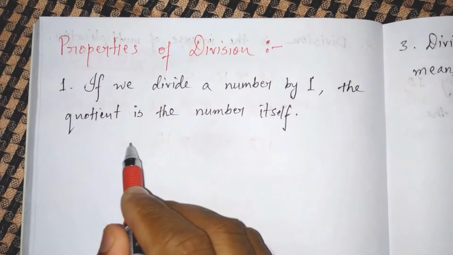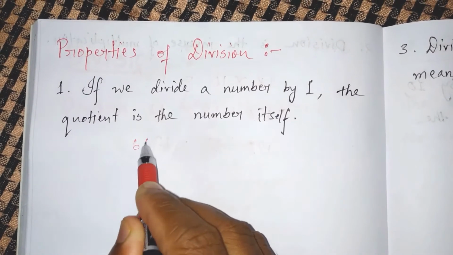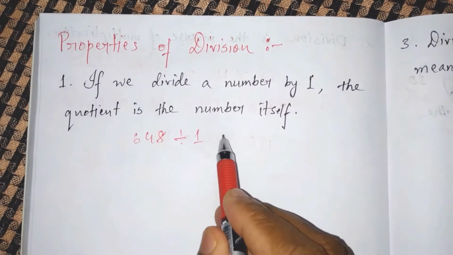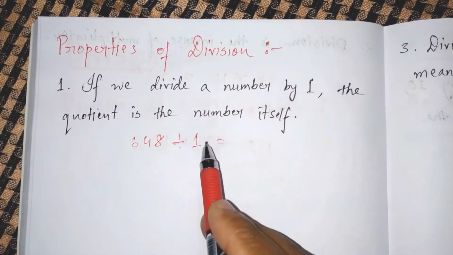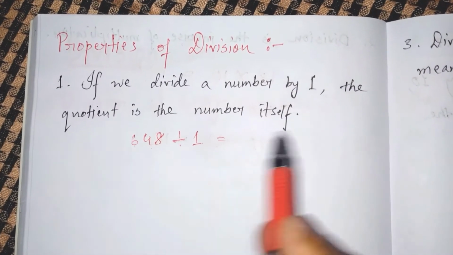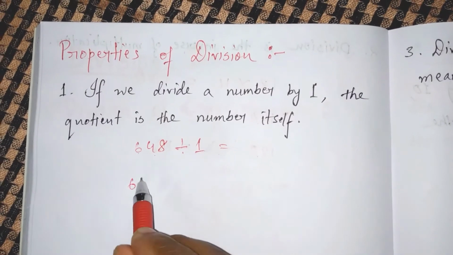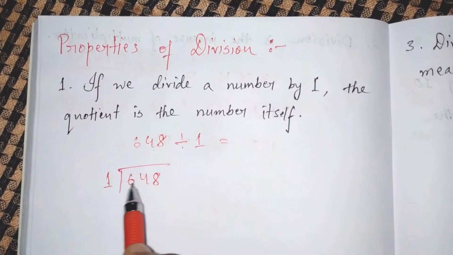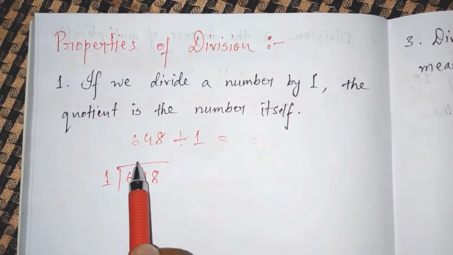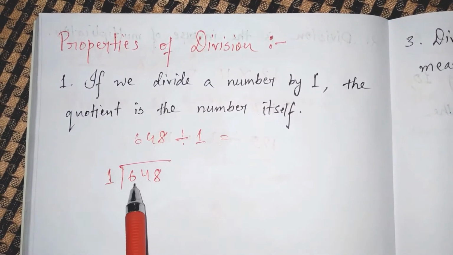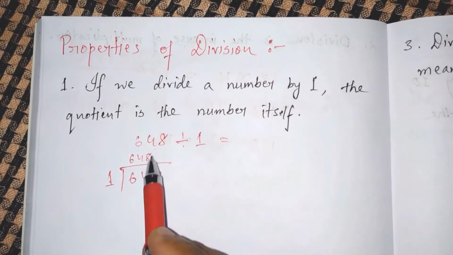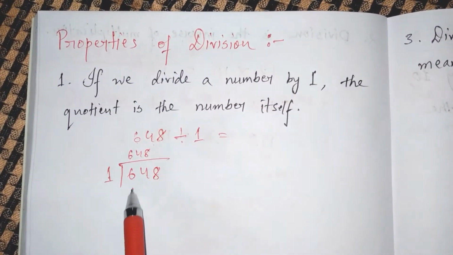Suppose you are dividing 648 by 1, what will be the result? Obviously we know 648 into 1 is 648. So if you write 648 and divide it by 1, you need to find a number that multiplied with 1 gives 648. We know 648 multiplied with 1 gives 648 only.